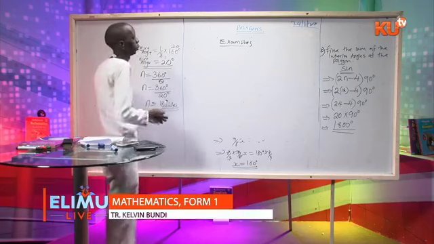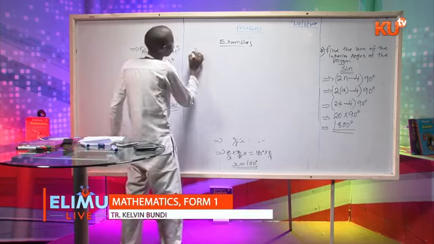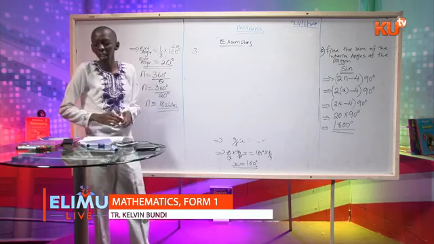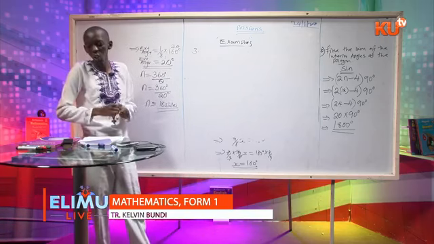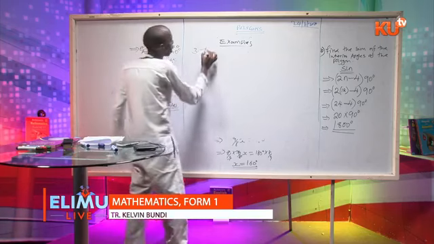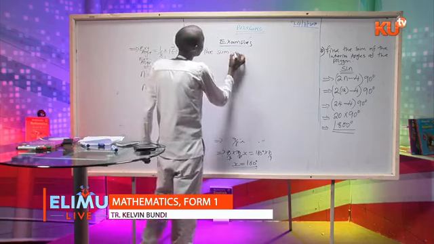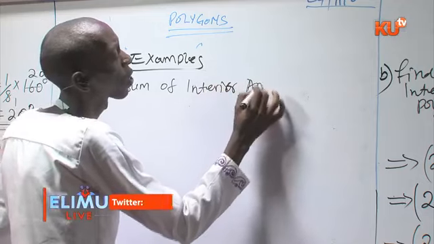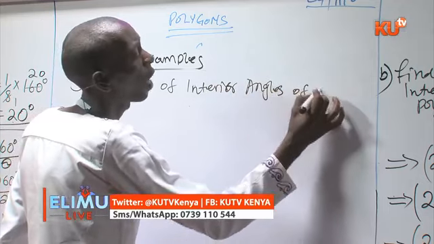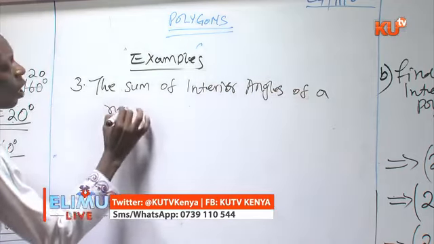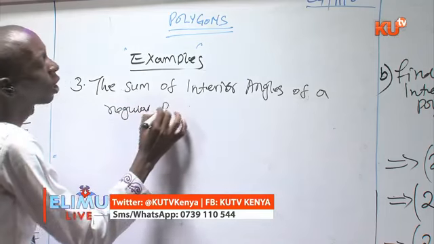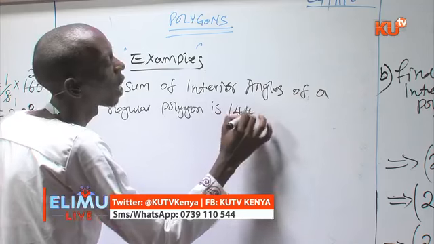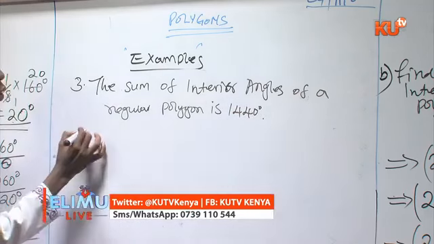The last example, still on polygons, so that I can check on the questions that you've sent. The sum of the interior angles of a regular polygon is 1,440 degrees.